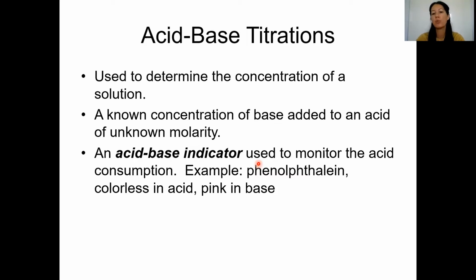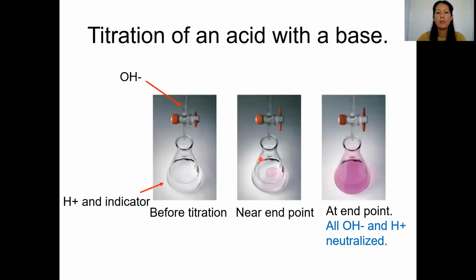So you have to add some sort of indicator, some sort of dye, such as phenolphthalein, which is colorless when it's acidic, but turns pink when the solution is basic. So then you know the transition from an acidic to a basic solution. Here's an example. We have a burette, a long column, like an inverted graduated cylinder.